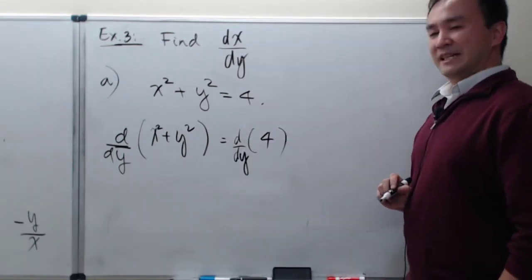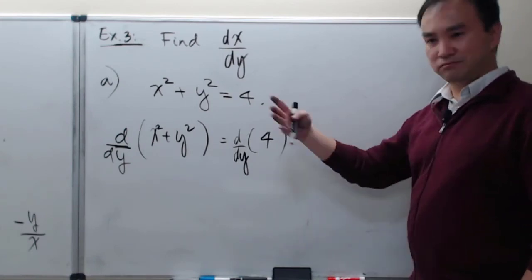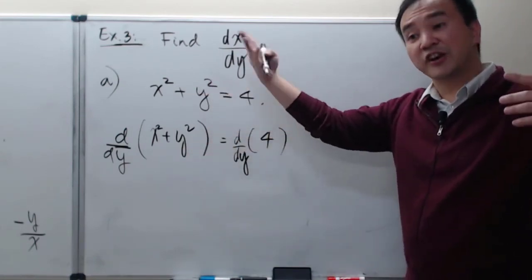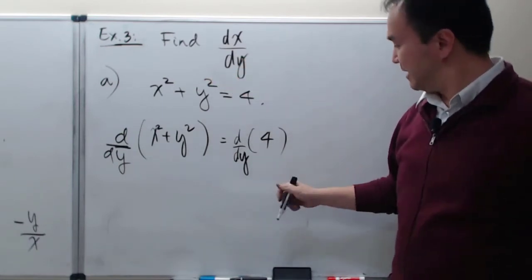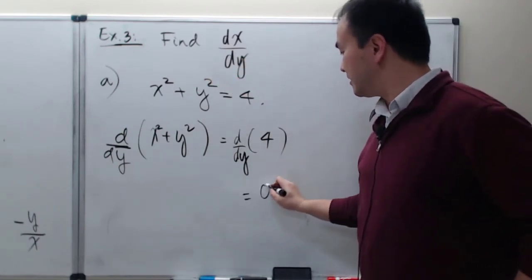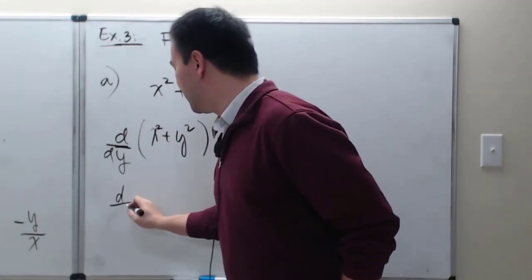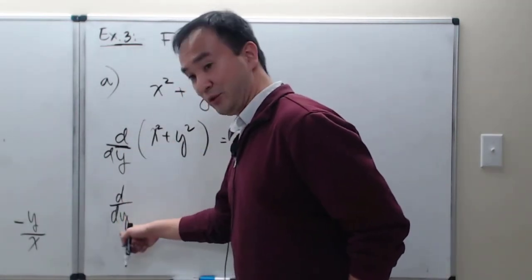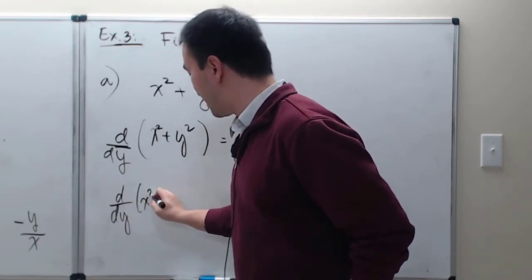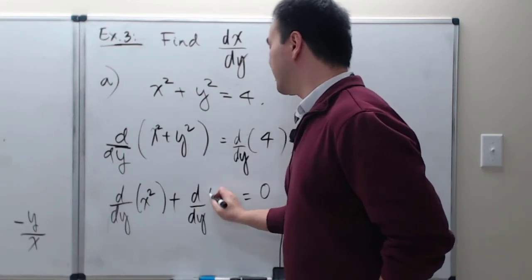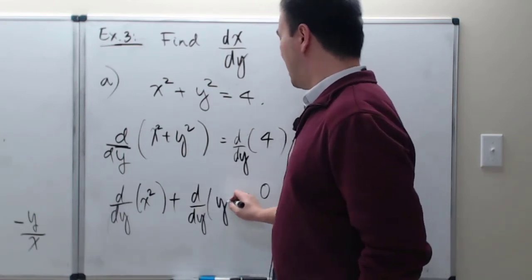All the usual rules apply again: the sum rule, the product rule, the chain rule. The right-hand side is 0. The sum rule breaks the left side into two separate terms: the derivative in terms of y of the x squared term, plus the derivative in terms of y of the y squared term.